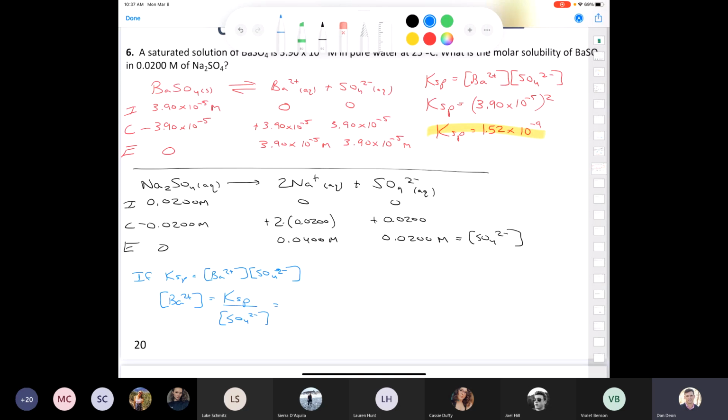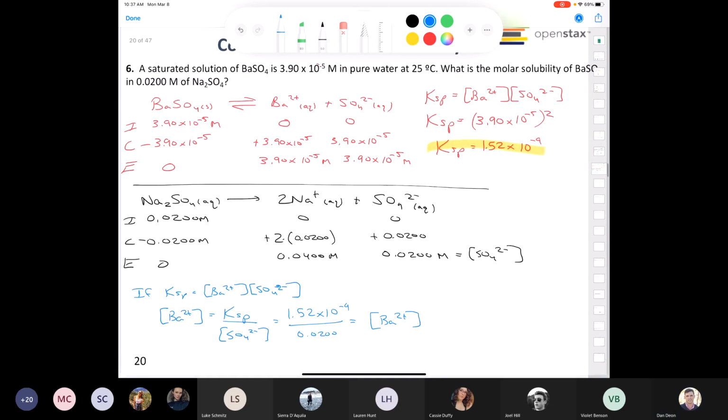Our KSP was 1.52 times 10 to the negative 9. We divide that by 0.0200, and we get the concentration of our barium 2+, which is the same thing as the molar solubility of our barium sulfate, equal to 7.6 times 10 to the negative 8 molar. The reason I can say that these are equal is because the stoichiometric coefficients are 1:1. And it's a saturated solution.